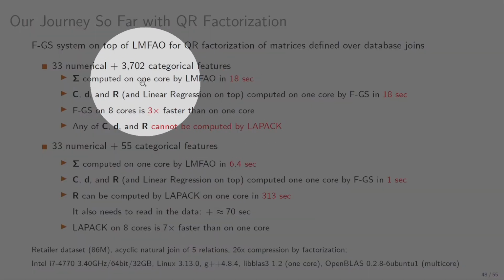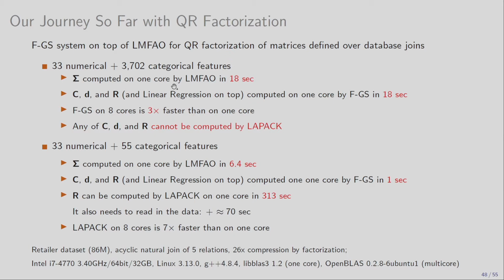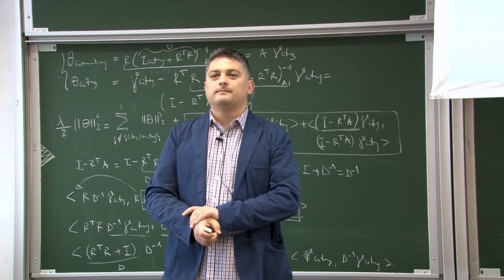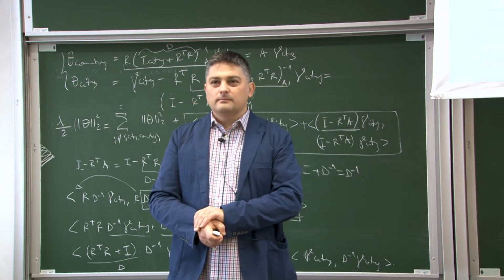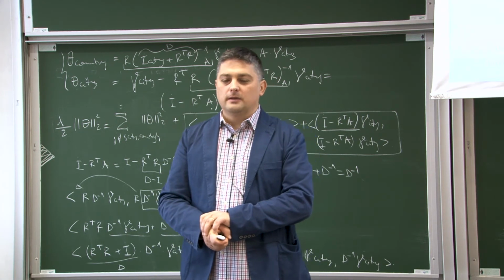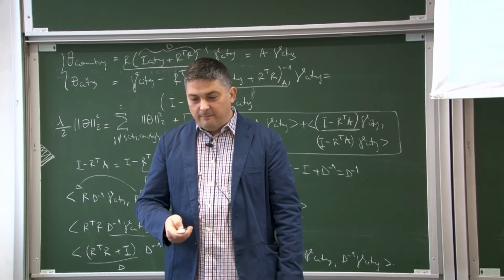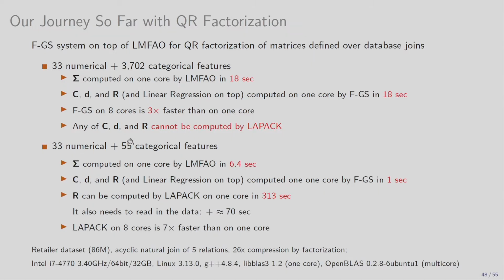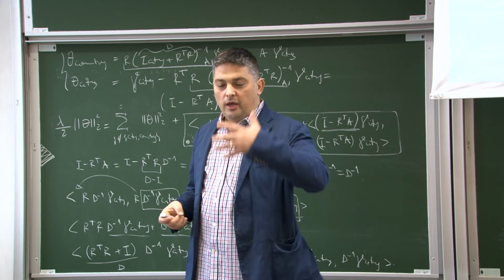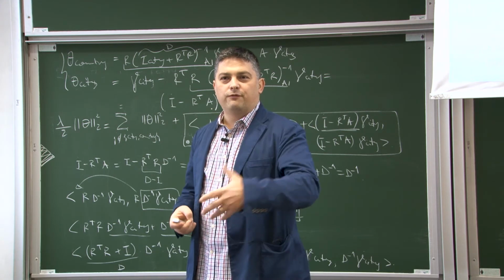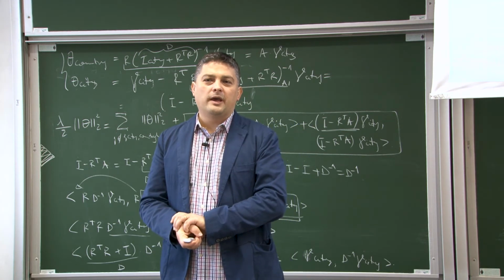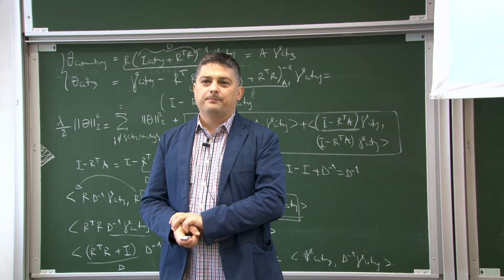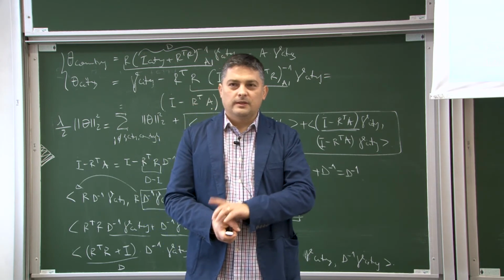So here 3,702 would mean the number of all categories we have there. Basically, the number of columns after one-hot encoding. Yeah, exactly. So this means effectively that the matrix given as input has something like 88 columns, and the number of rows would be 84 million something. Yeah, but that's a good question.